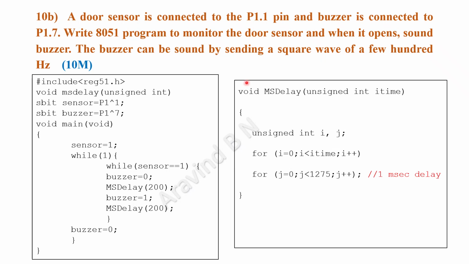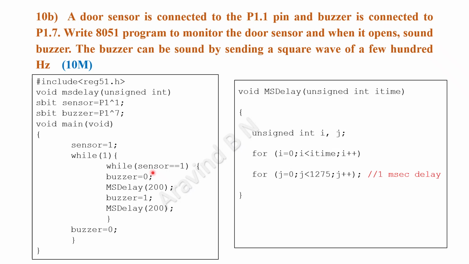Now let us get into the program of this one. In the program, we are using the variable sensor for port 1.1, and buzzer for port 1.7. The sensor is an input, therefore we have to configure it as an input by setting sensor equal to 1. This is the initialization part.